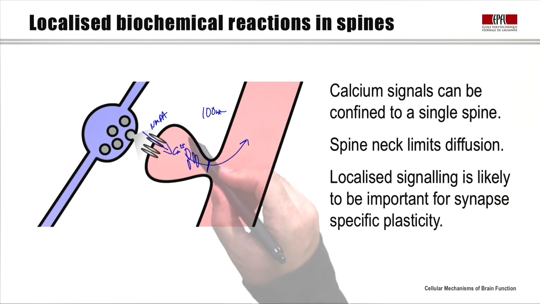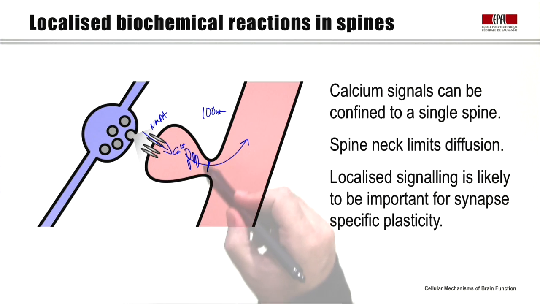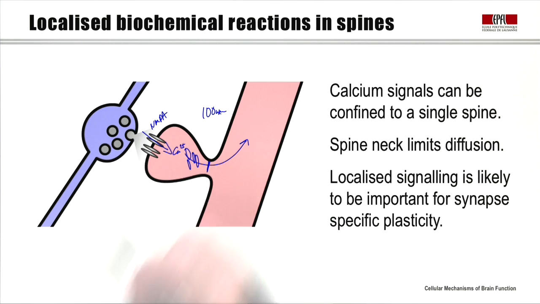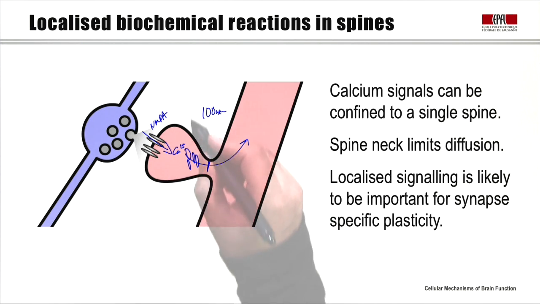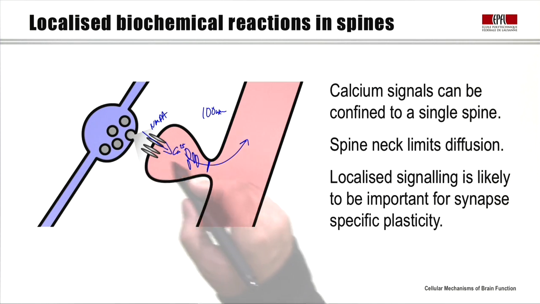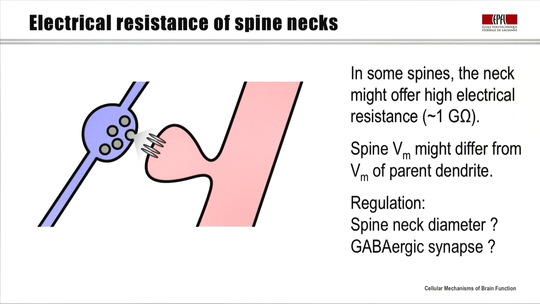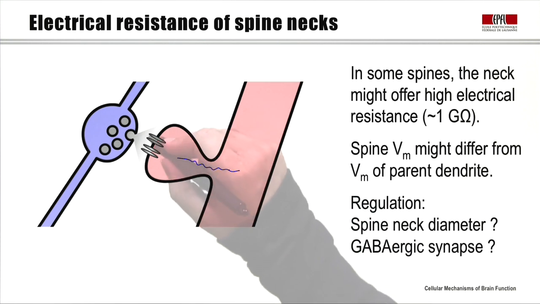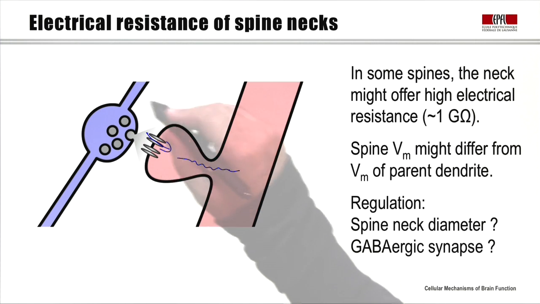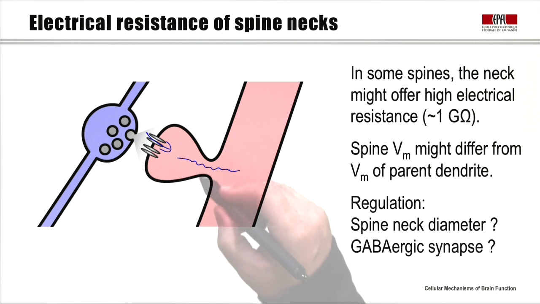This then means that we can have calcium signals that are entirely localized to a single dendritic spine, to a single synapse. And that then might help synaptic plasticity remain synapse-specific. In addition, it's possible, and there's some discussion of this point in research at the moment, that there's some resistance for the currents flowing in here through the ligand-gated ion channels.